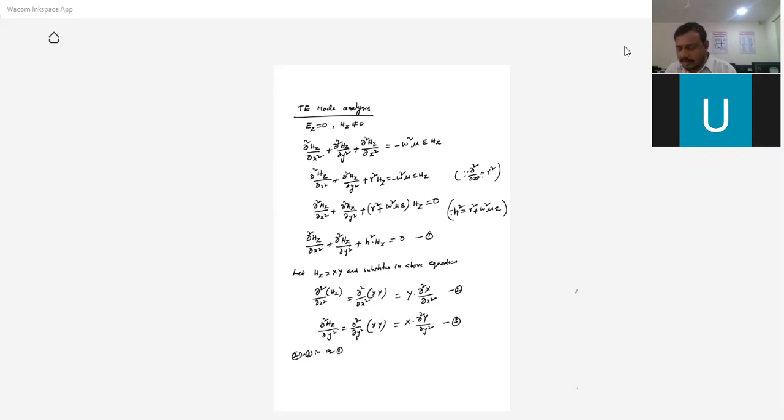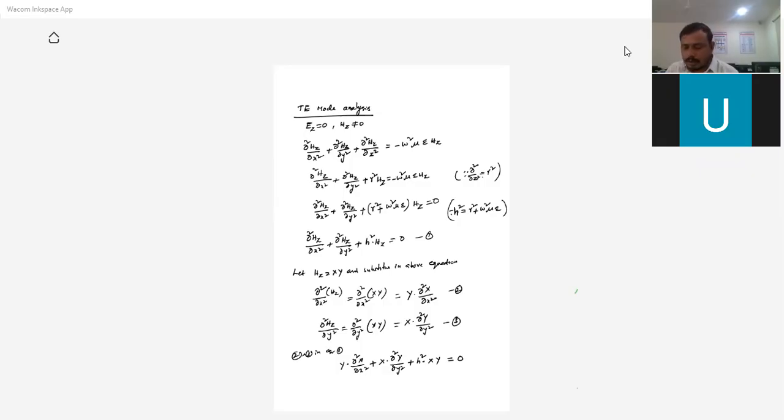So same as earlier cases, you can write Y into del square X by del x square plus X into del square Y by del y square plus h square into X into Y is equal to 0.